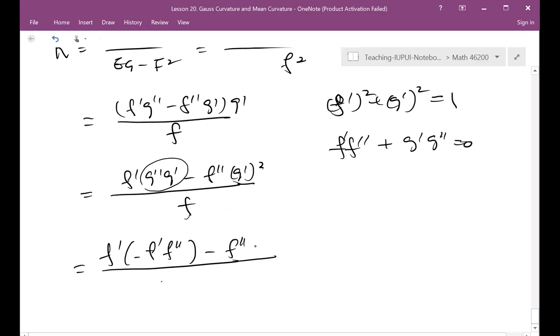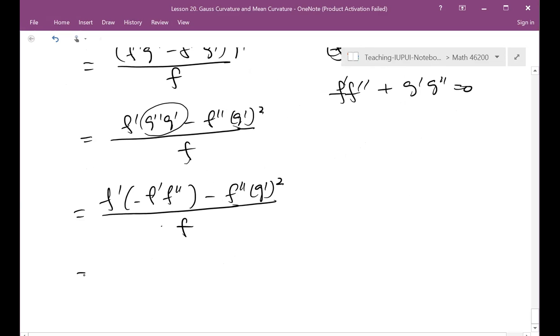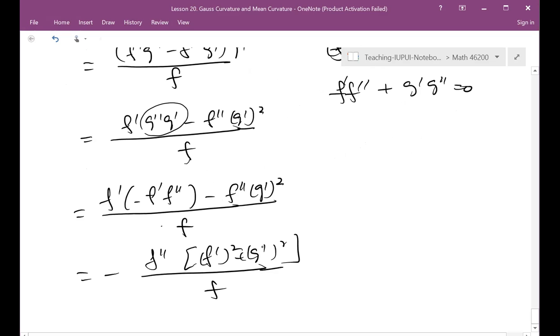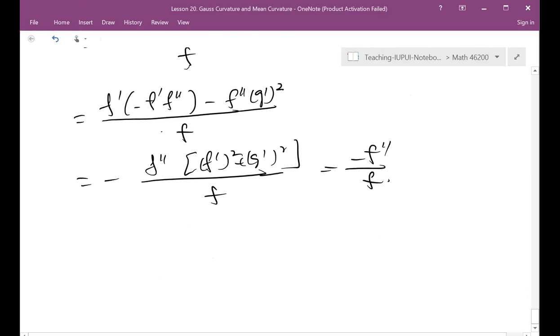Then I take f double prime out, and I get f prime squared plus g prime squared. Again, this is going to be 1. So we end up with a very simple expression that only depends on f. That is very interesting.